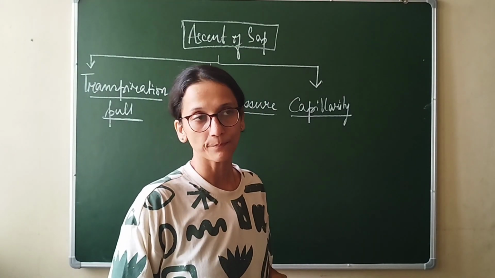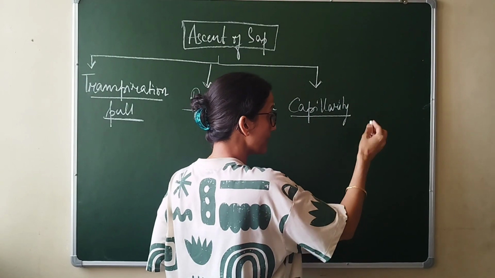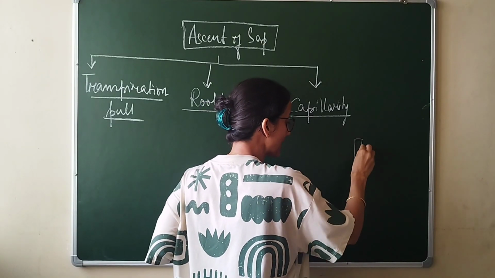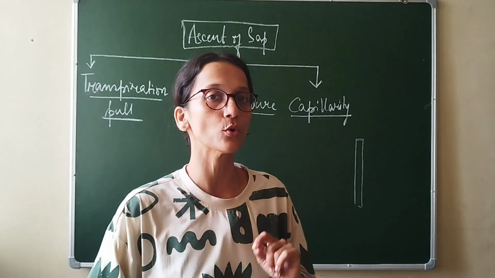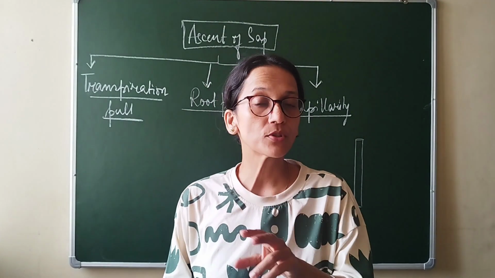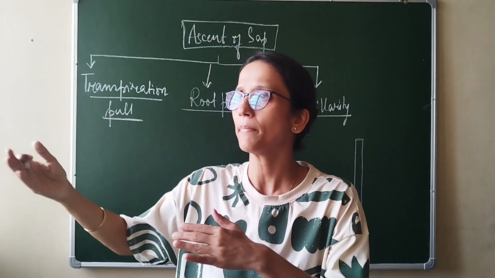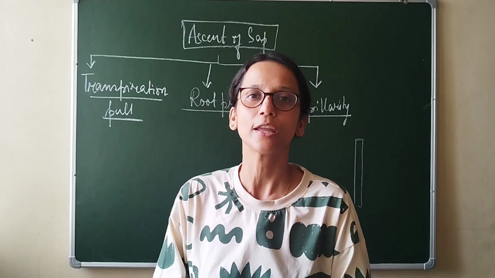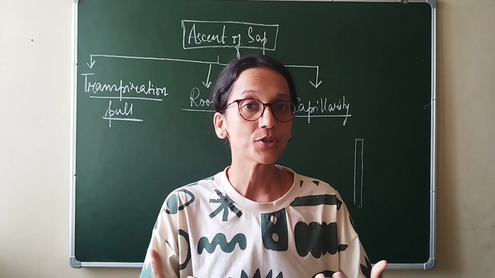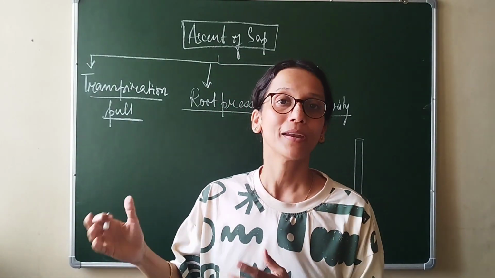So capillarity is seen mostly in those plants which are very tall, like for example the coconut plant. If you observe carefully, the trunk of the coconut plant is way thinner compared to any other plant which we see around, for example a mango tree. A mango tree will have a thicker trunk compared to a coconut tree.